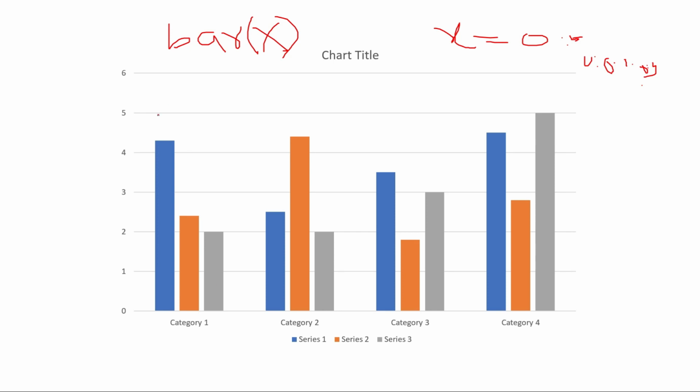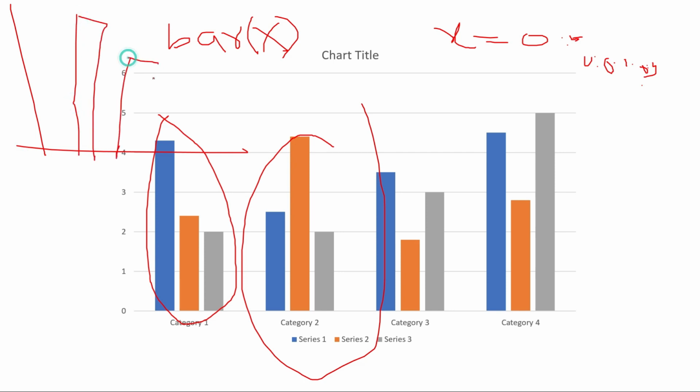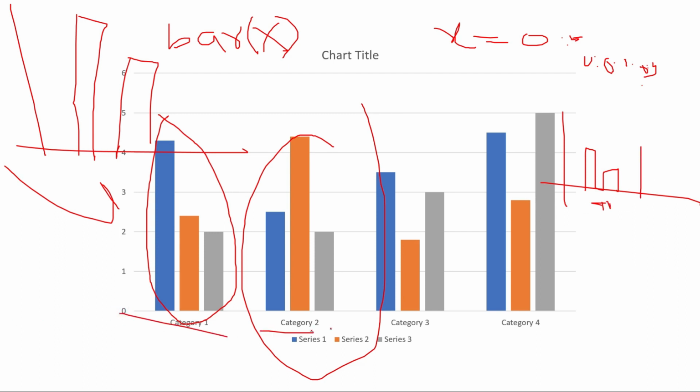We will also see how to get one bar graph like this, which shows only one parameter. If you want to create two parameters, to compare, with category 1, category 2, category 3, category 4, we'll see how to create that.